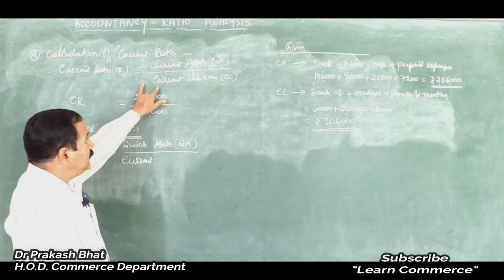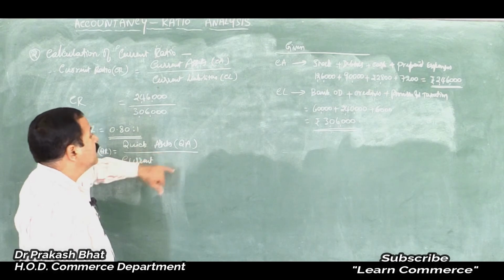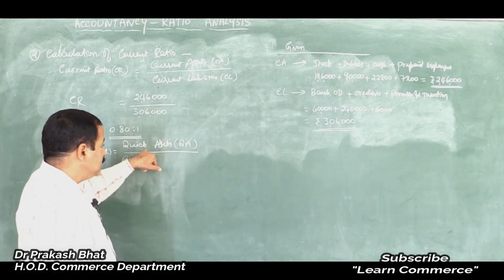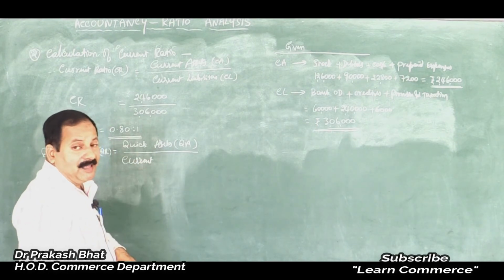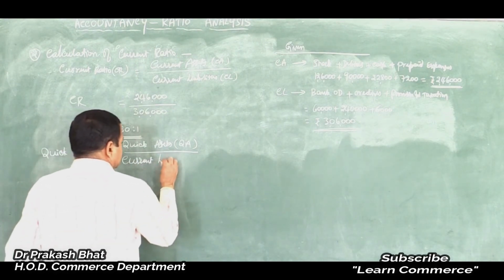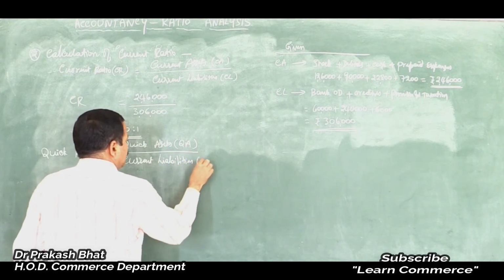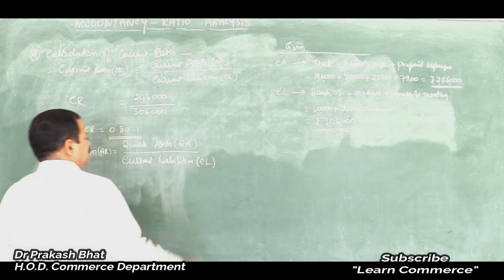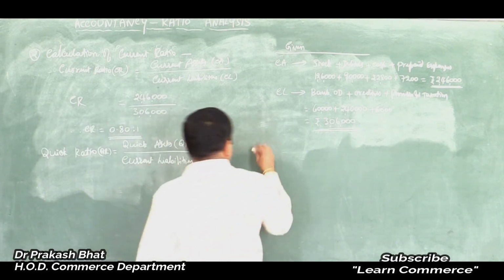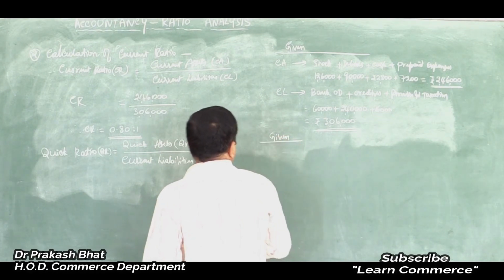Here you write current assets divided by current liabilities, and here students take quick assets divided by quick liabilities. No, the formula is not that. Formula is quick assets divided by current liabilities. Remember, clear? Current liabilities, CL, is equal to, now given, what is given here, and do the calculations.